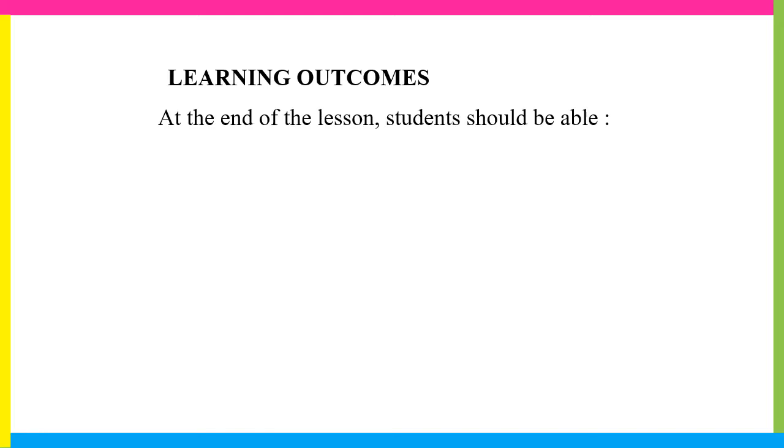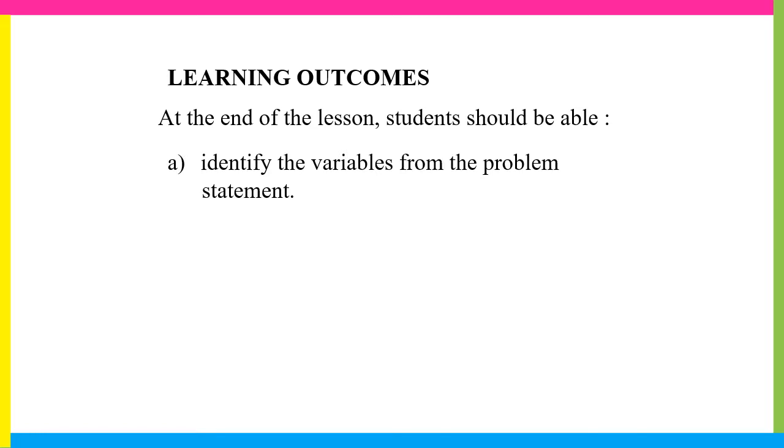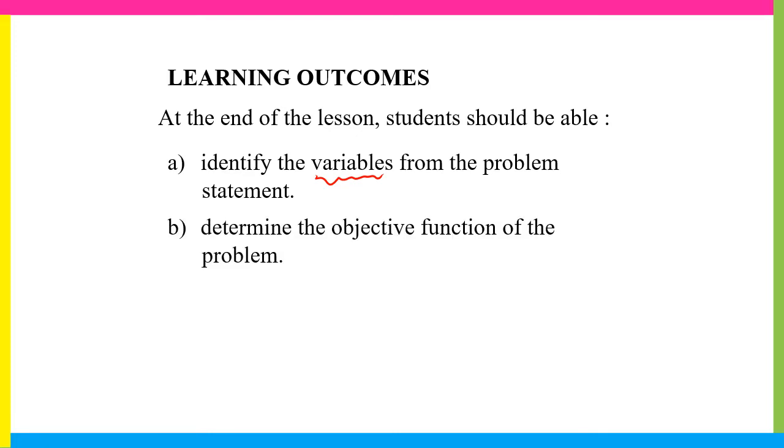Okay, so the learning outcome at the end of the lesson, students should be able to identify the variable from the problem statement. So you need to know what are the variables that we are going to use in the problem. And then determine the objective function of the problem. So this is a new thing for you guys.